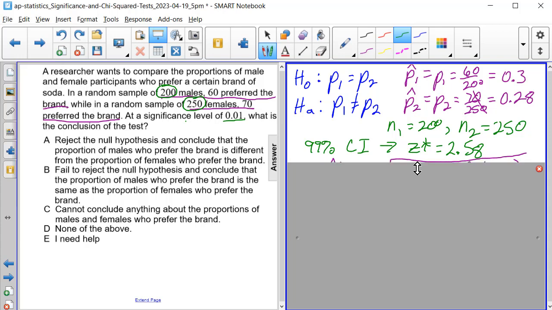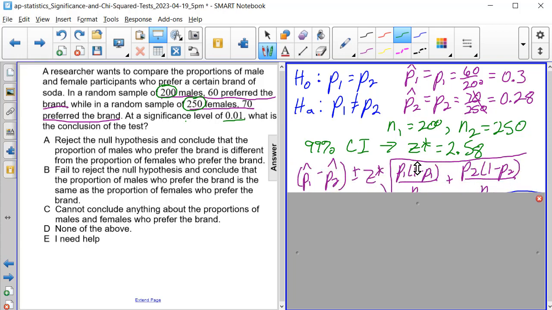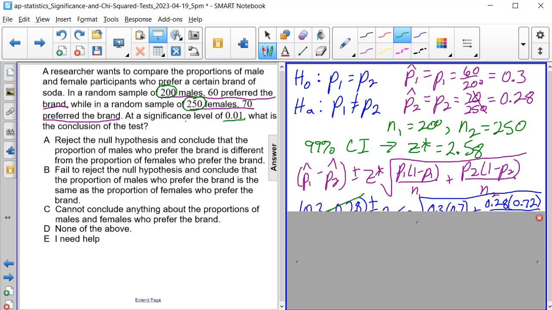That formula is P1 hat minus P2 hat in parentheses, plus or minus z star times the square root of P sub 1 times 1 minus P sub 1 all divided by n sub 1, plus P2 times 1 minus P2 all over n sub 2. Well, we know our P1 hat and P2 hat values are 3/10 and 28 hundredths respectively, so we can substitute them in.